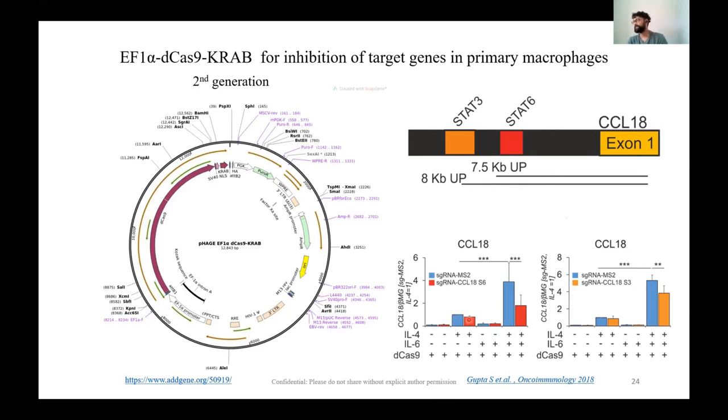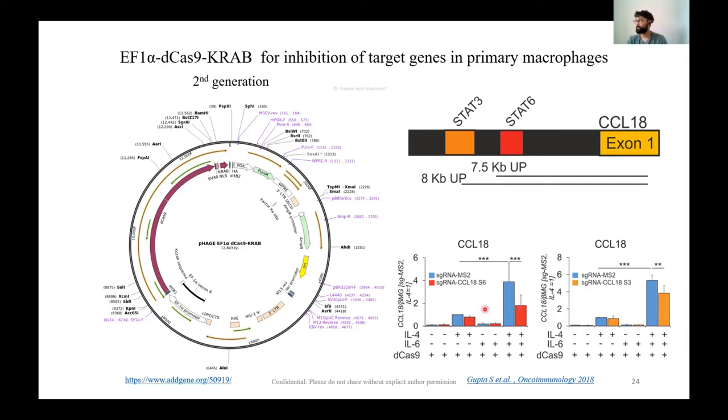What you see is the response of your CCL18 gene, which is the target gene, with just the control vector, right, and with the repressing targeting vector. So if you block the binding sites of STAT6, or even STAT3, in this enhancer region, the overall expression of your gene CCL18 is decreased.